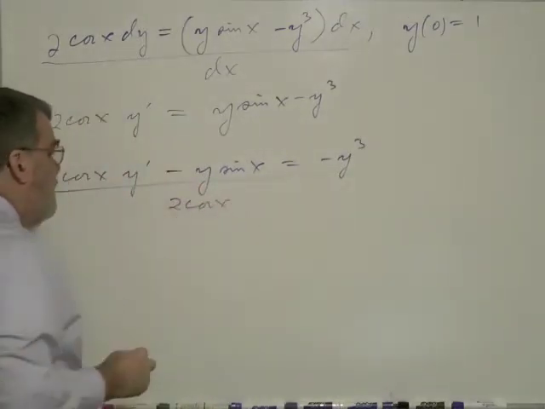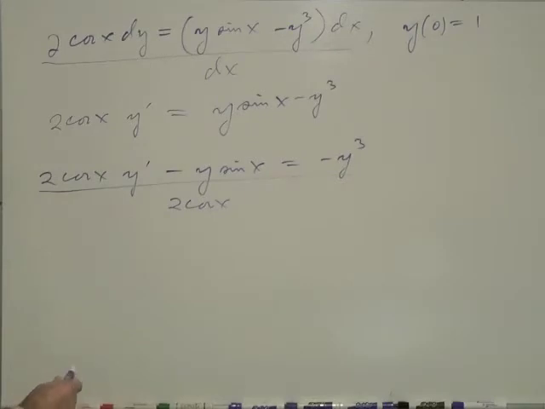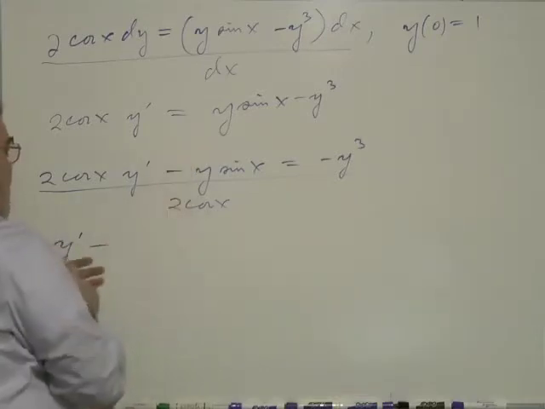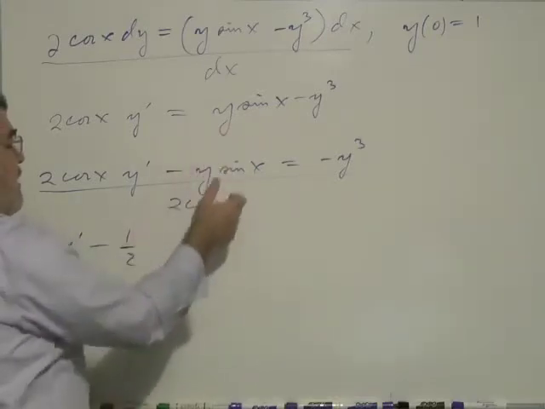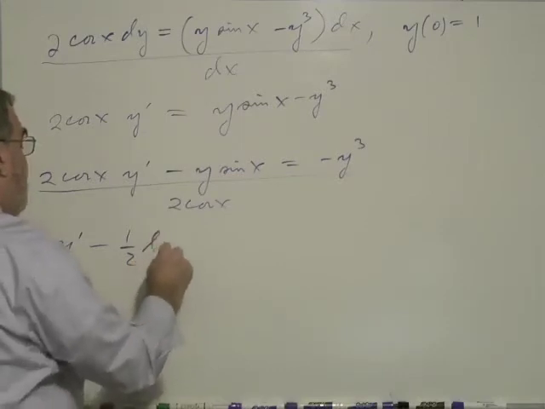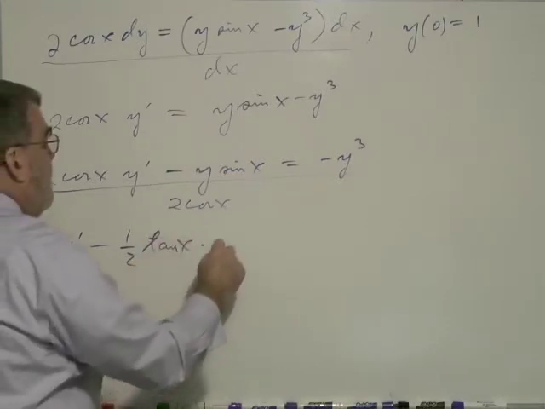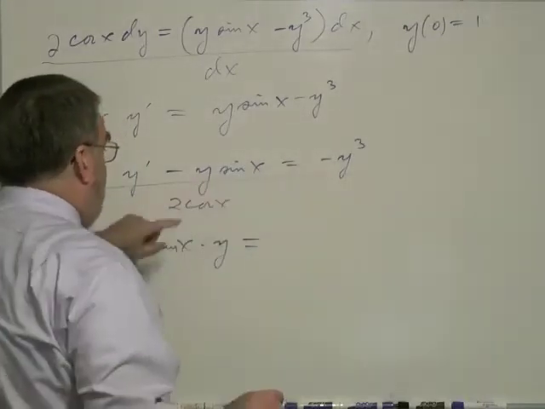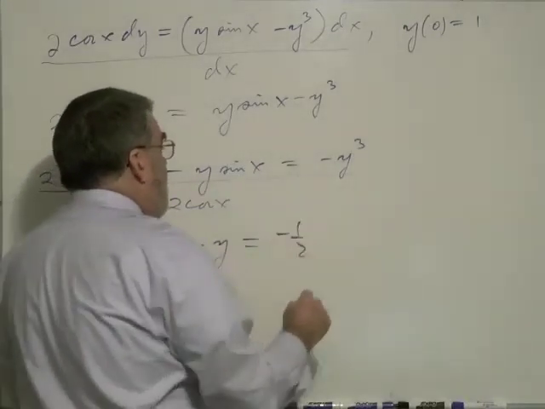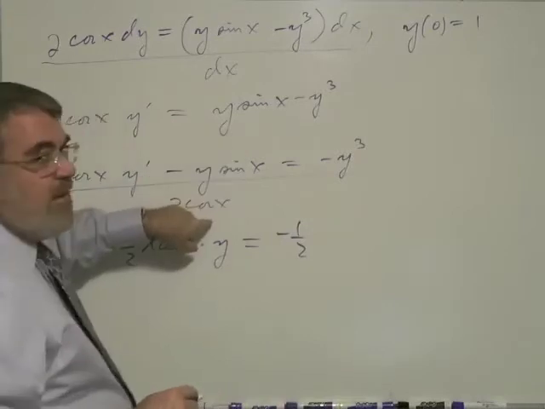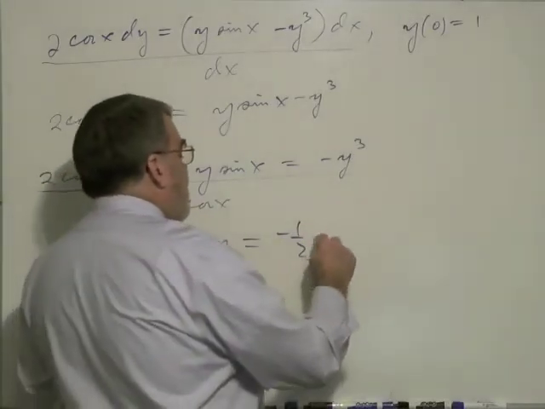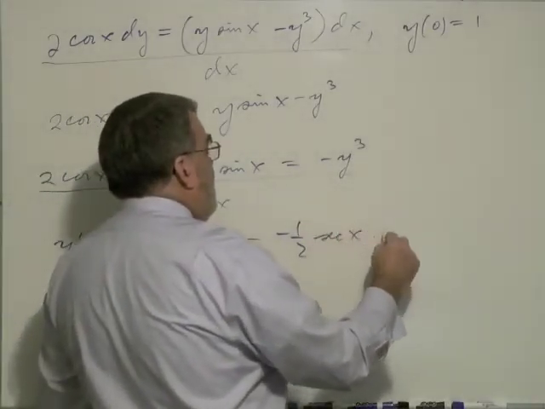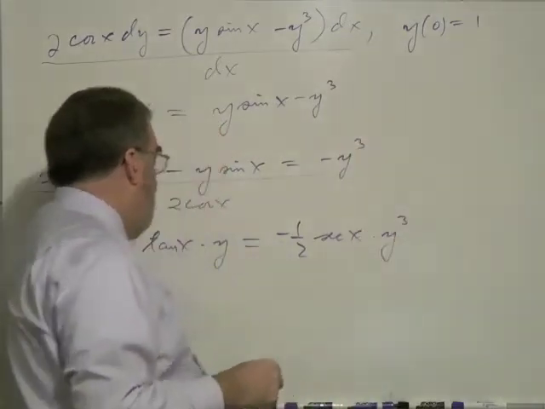So this gives us just plain old y prime minus, and I have a 1/2 minus 1/2. Sine over cosine is tangent, so tangent x times y equals, over here I've got minus 1/2, and then 1 over cosine is the secant function, so let's write it as secant x times y cubed.